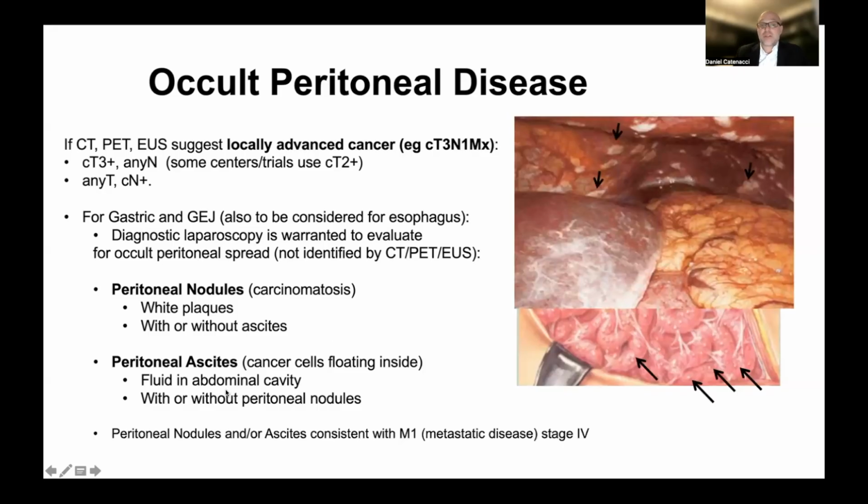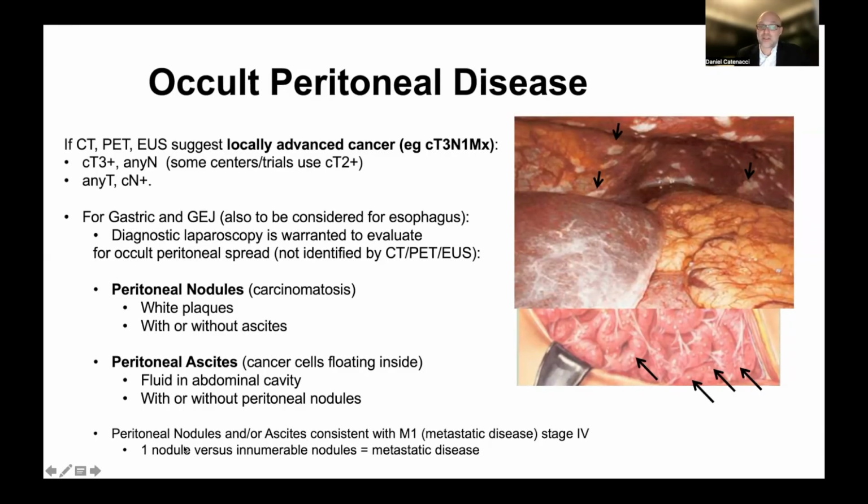So if peritoneal nodules and/or ascites are visualized, again, this is consistent with M1 disease, and that equals stage 4 cancer. Even if there's one nodule versus innumerable nodules, like the examples I've been showing you, it would still be considered spread and metastatic disease. It would indicate a different burden of disease, maybe different symptoms.